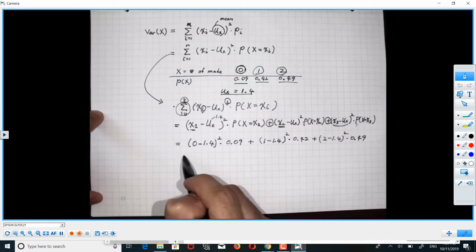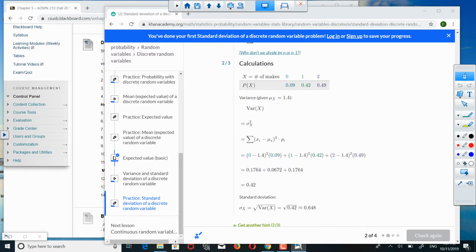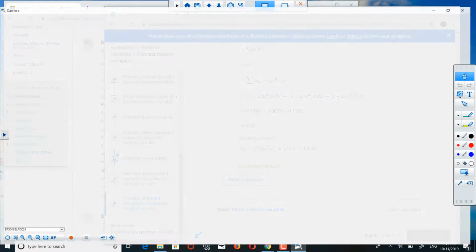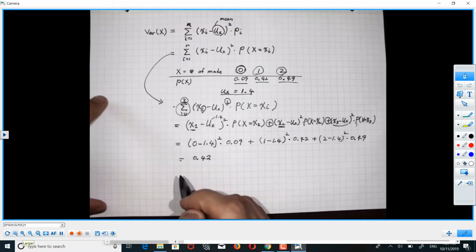And the answer is, I'll just skip this part. If you just plug these numbers in, the variance is 0.42. So the variance is 0.42.